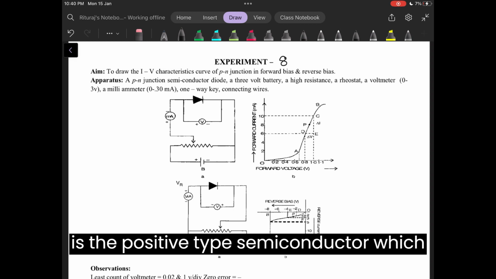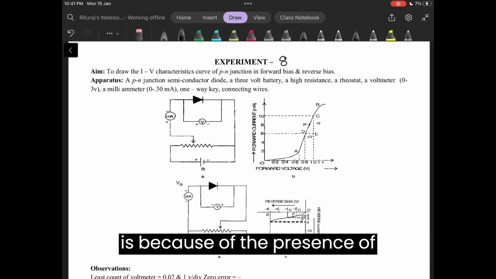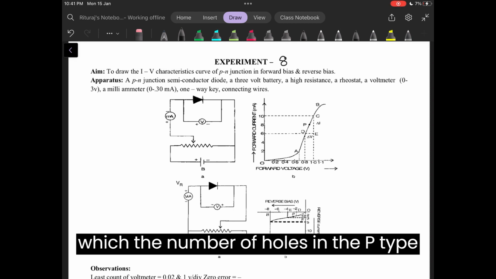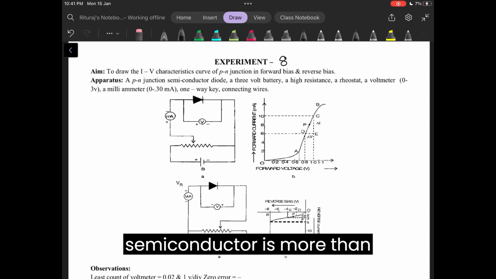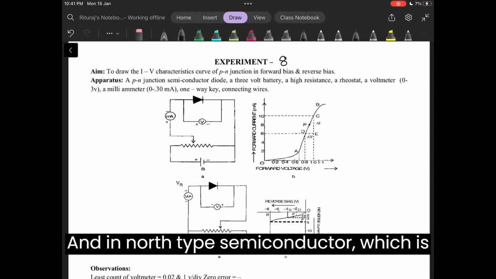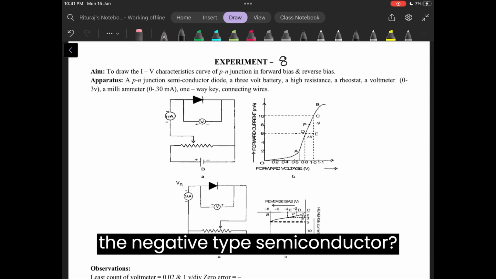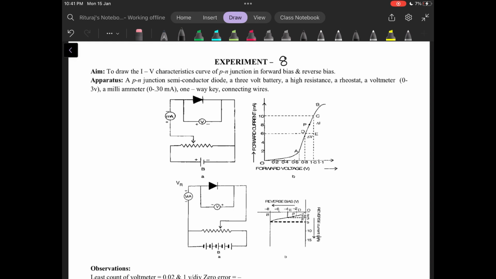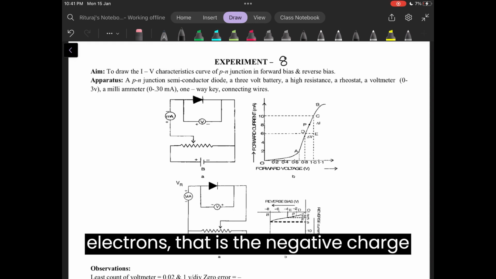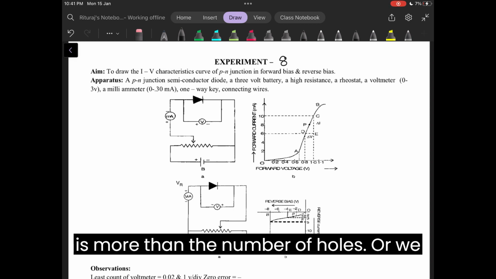P-type semiconductor is the positive type semiconductor, which is because of the presence of trivalent impurities in it, because of which the number of holes in the p-type semiconductor is more than the number of electrons. And in n-type semiconductor, which is the negative type semiconductor, the concentration of electrons, that is the negative charge, is more than the number of holes.